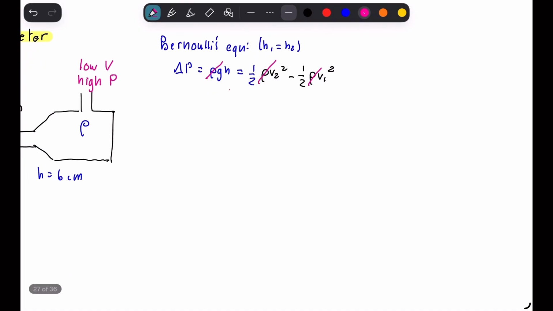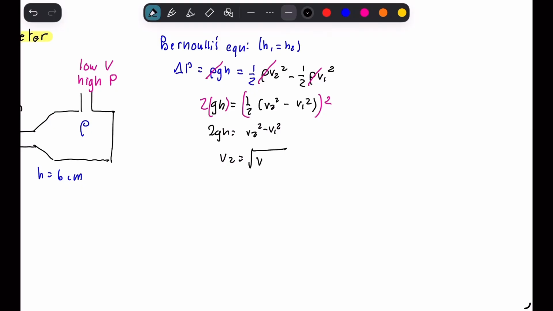Then you have your GH equals 1/2 of V2 squared minus V1 squared. So you can multiply both sides by 2, and then you just solve for your unknown speed. So V2 is equal to the root of V1 squared plus 2GH.